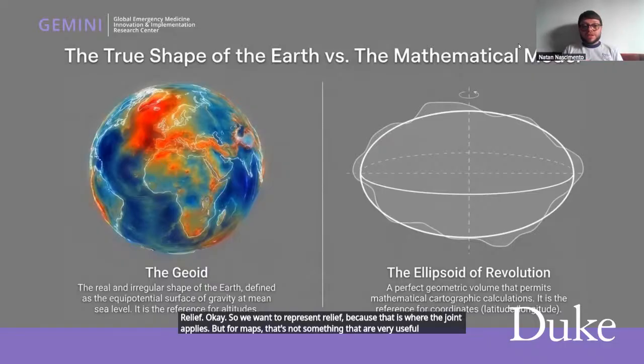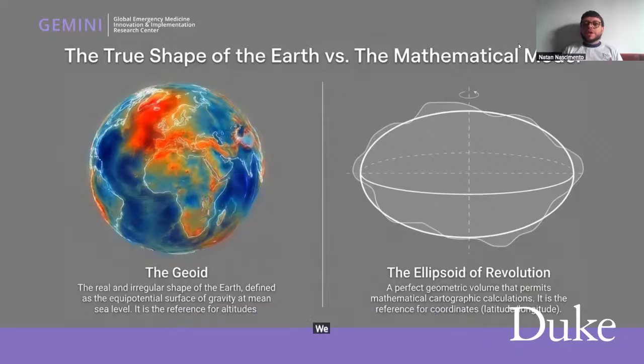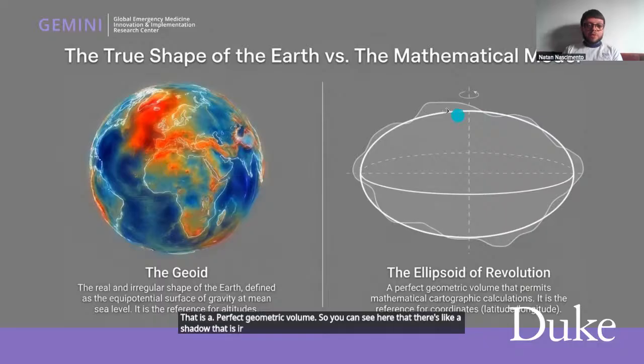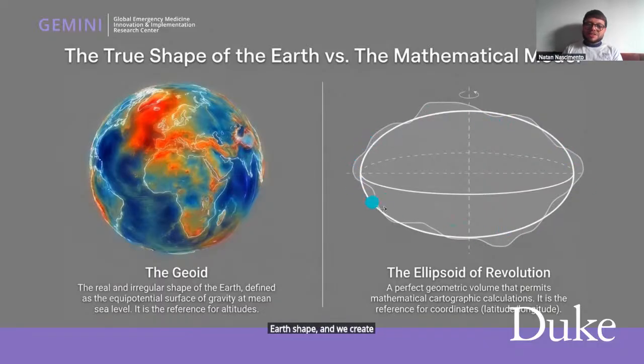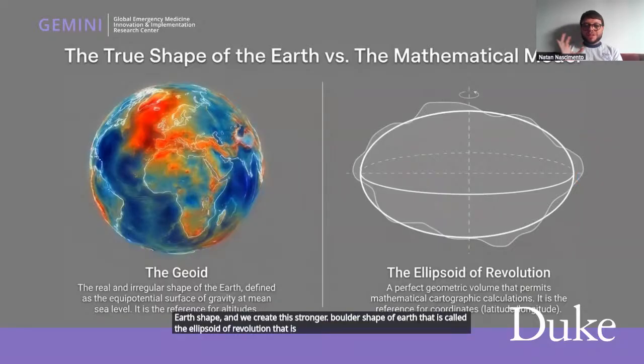How are we going to represent this irregular shape? We cannot. So we create an ellipsoid of revolution that is a perfect geometric volume. So you can see here that there's like a shadow that is irregular. That's the real Earth shape. And we create this stronger, bolder shape of Earth that is called the ellipsoid of revolution that is round, completely round.